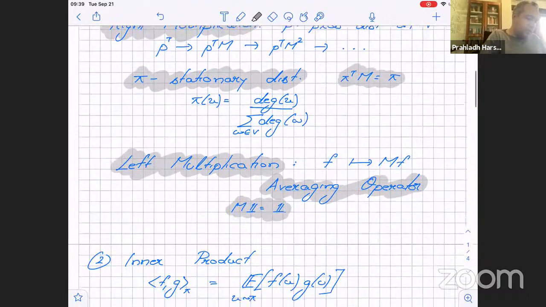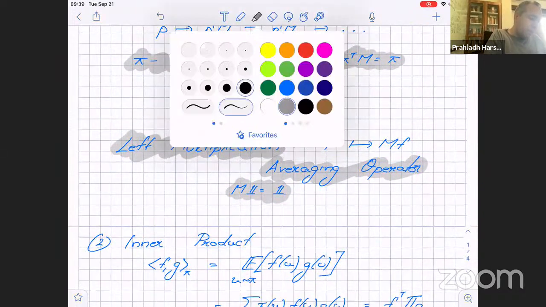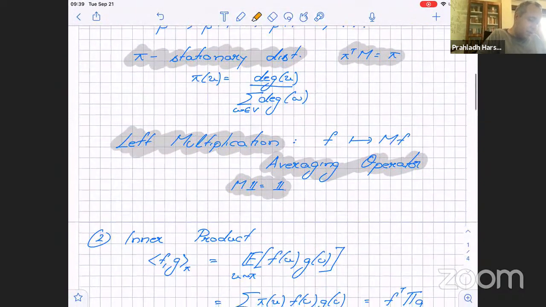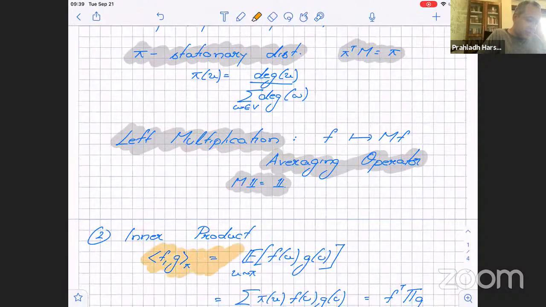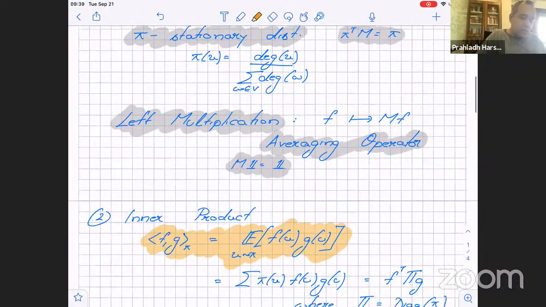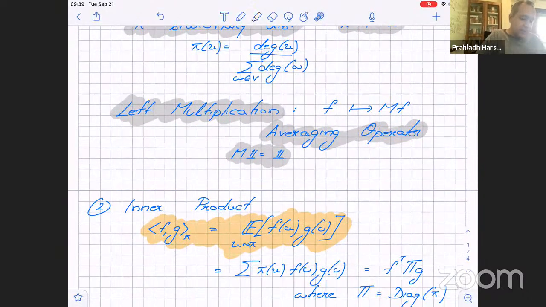Based on these two, we defined this notion of an inner product, which is almost the usual dot product, except that it is scaled by pi(u). So it's the sum over u of pi(u) f(u) g(u), an inner product on R^V.